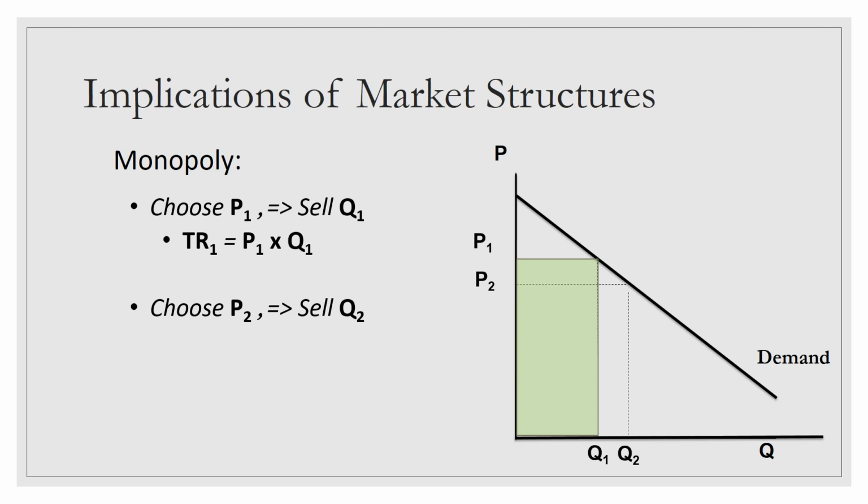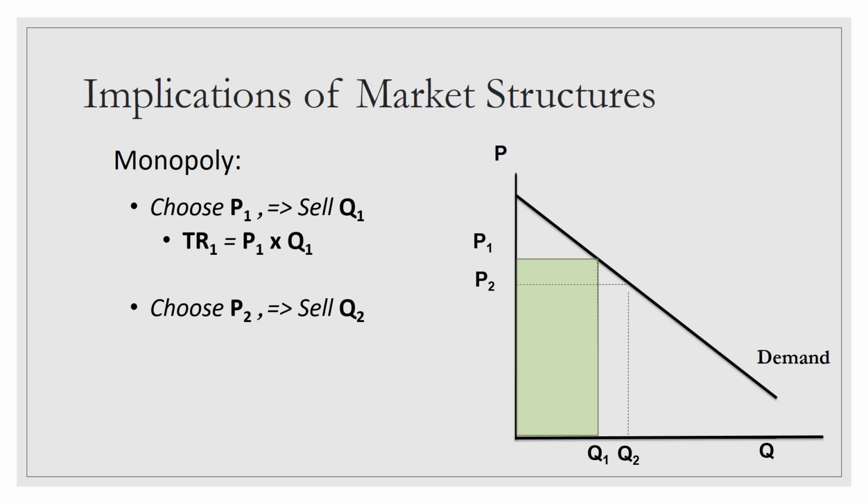You either sell them all at P1 or sell all of Q2 at P2. Right? This isn't sequenced. You don't sell some at this price and some at the other. We'll look at that as a special case, possibly toward the end.